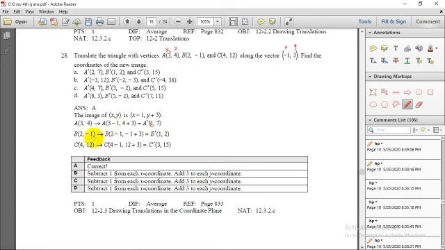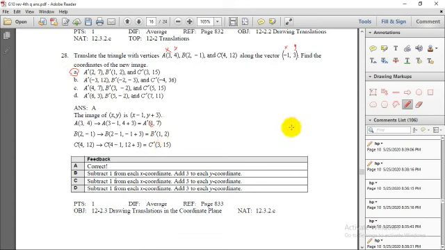Here, 2 minus 1 is 1. Negative 1 plus 2 is 2. Very good. 4 minus 1 is 3, and 12 plus 3 is 15. So my answer will be 2 and 7. Where's 2 and 7? Here, so it's A. 2 and 7, 1 and 2, and 3 and 15.